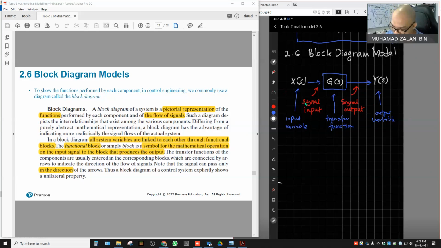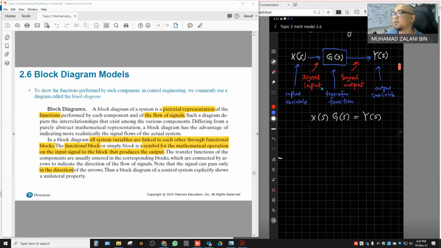Meaning we can take X(s) times G(s) at the input, and that results in the output Y(s). That is the equation that relates this simple block diagram, which consists of X(s) as input, Y(s) as output, and G(s) as the functional block, which is the transfer function.